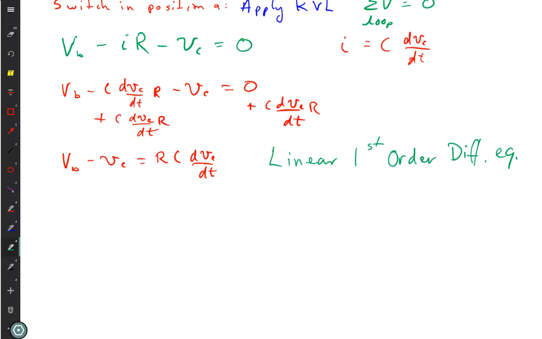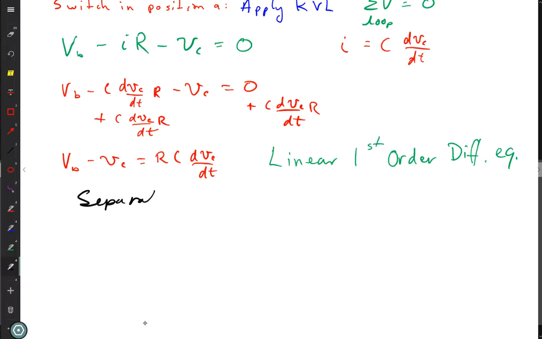So do you remember like the first Tuesday of first semester when we did this? A little bit. What do we have to do to solve something like this? That's right. We have to separate the variables. What are the variables in this equation? VC and, I heard somebody say T.